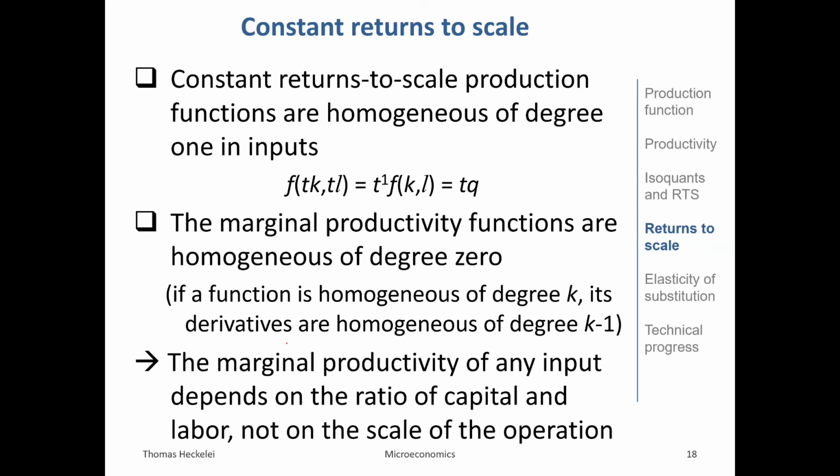And by that, we can see that the marginal productivity of any input depends only on the ratio of capital and labor, so the composition of the inputs, and not on the scale of production. So if you keep upscaling, because of homogeneity of degree 0, that will not change the marginal productivity of input.